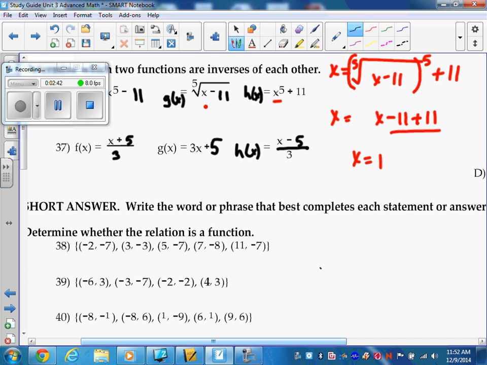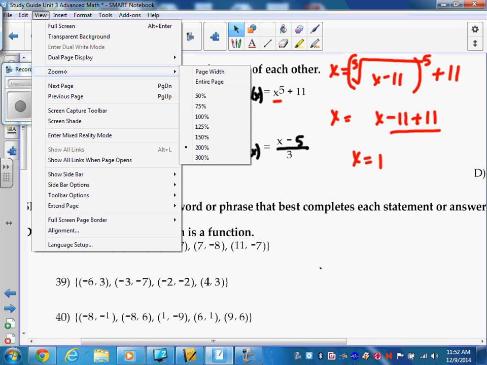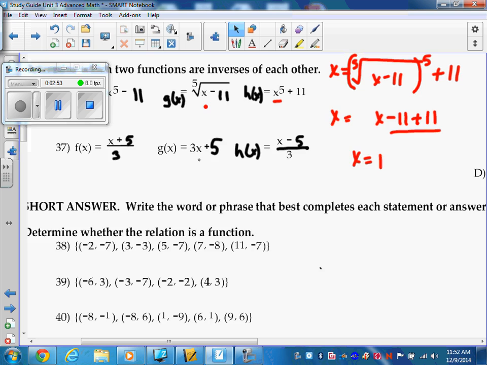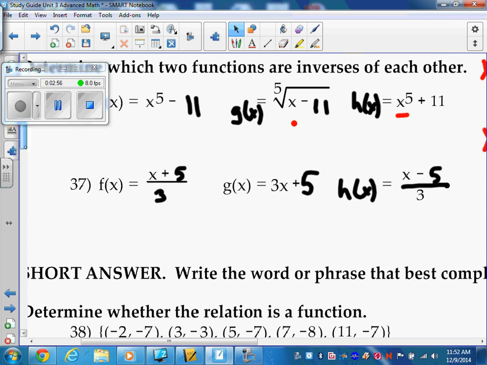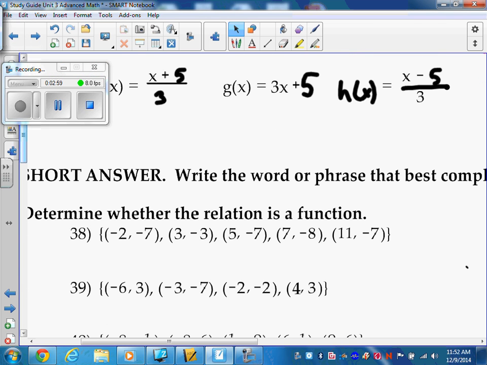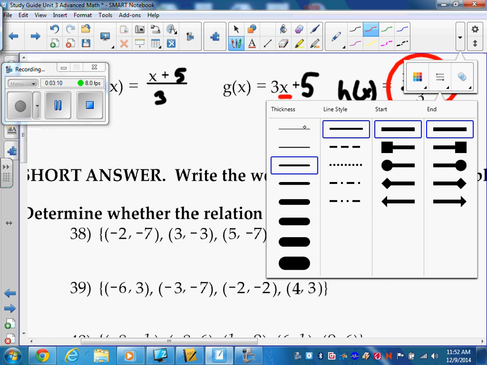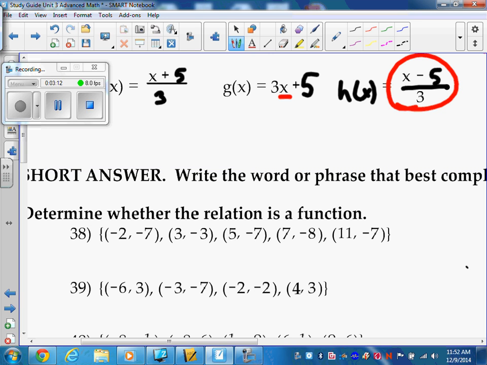So I'm going to test h once again. Let me make that just a little bigger so I can have more room. I'm going to plug in the value of h for x in g. So here is how that looks: 3 times x minus 5 divided by 3, plus 5.